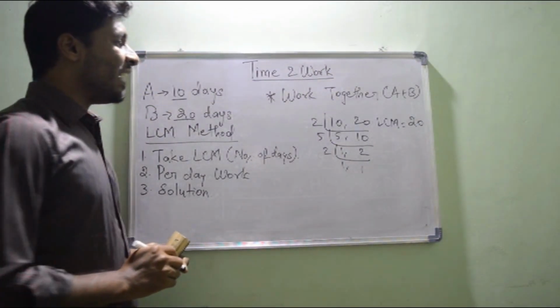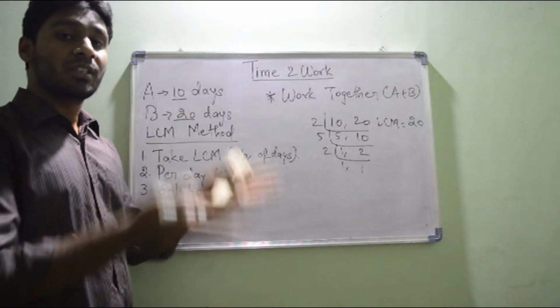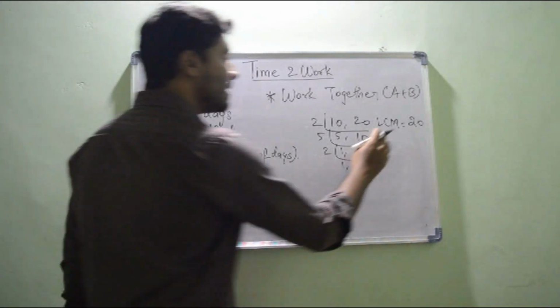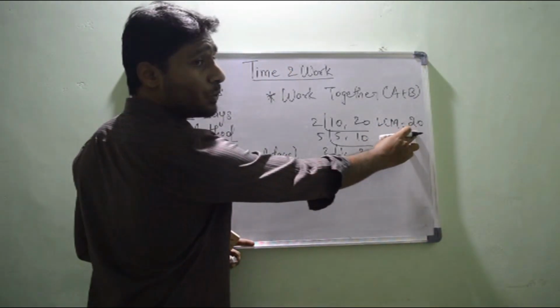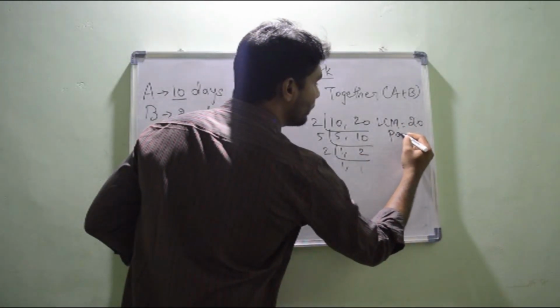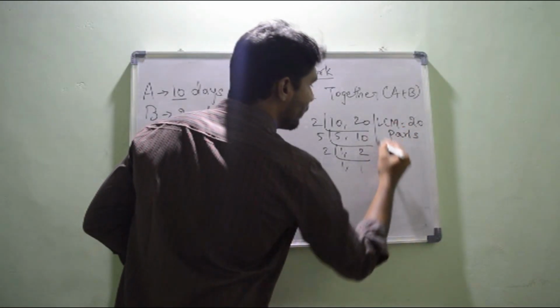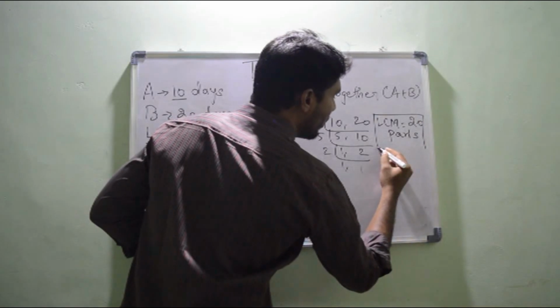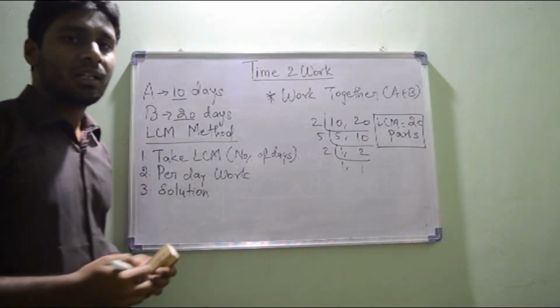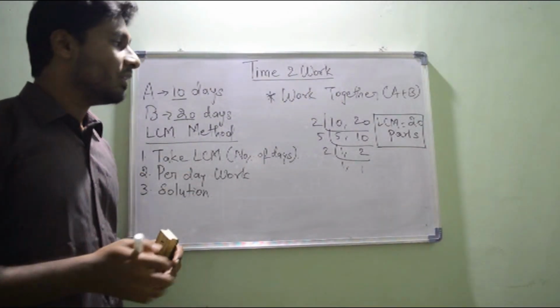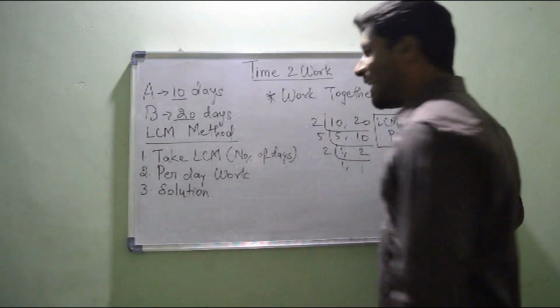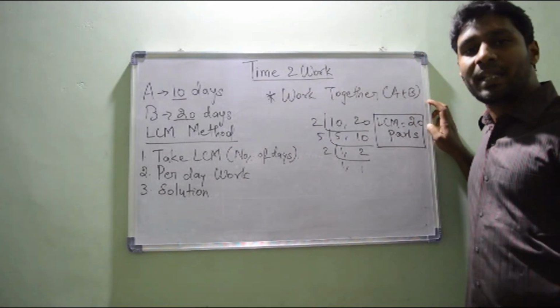And how are we going to express the unit of LCM? We are going to express it in terms of number of parts. Good. So LCM equals 20, and I can simply take this 20 as 20 parts. Got it? This unit is very important while solving the question, the word parts. This 20 parts I can consider as the total work to be done.